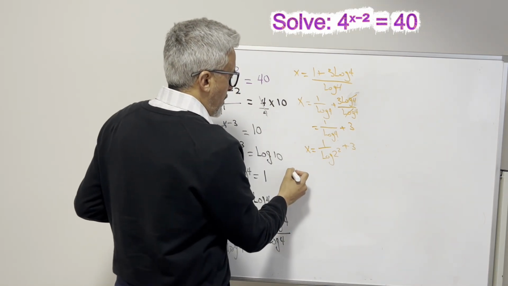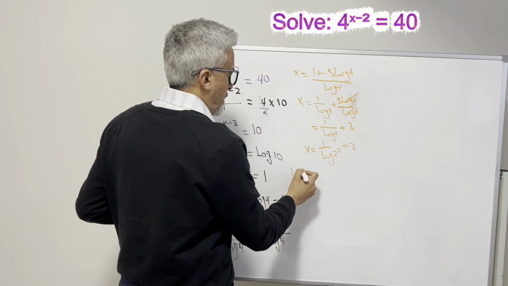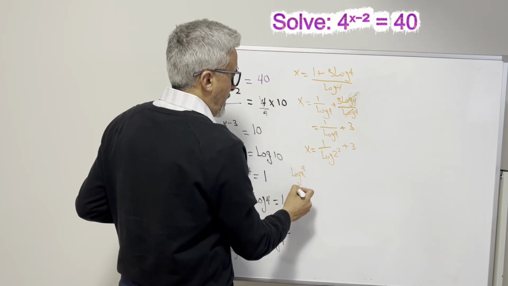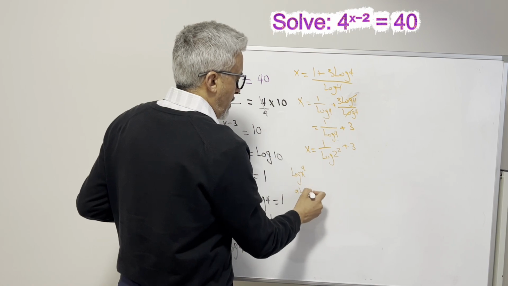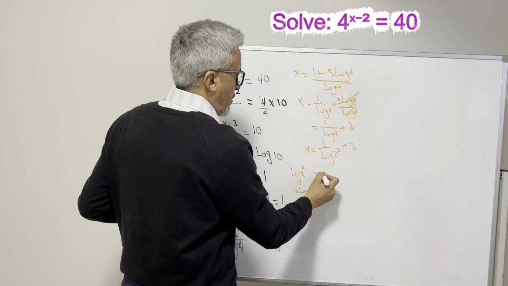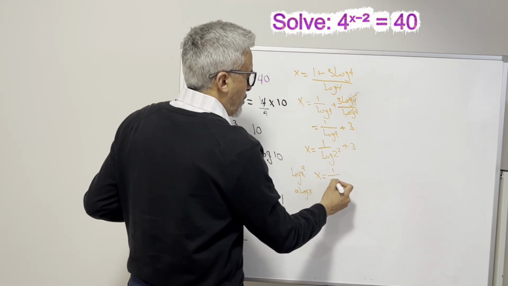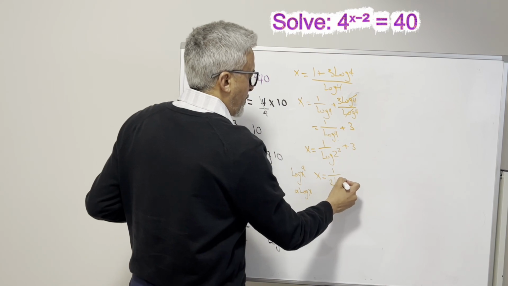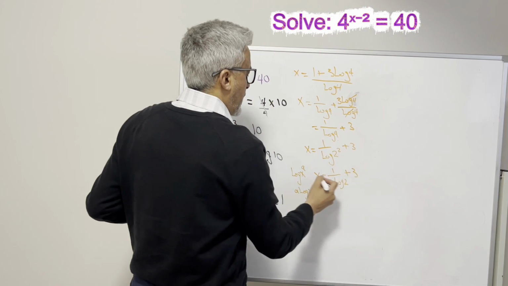Now we know the power rule. If we have log x to the power of a, that will give me a log x. We're going to apply that here, and therefore x equals 1 over 2 log 2 plus 3.